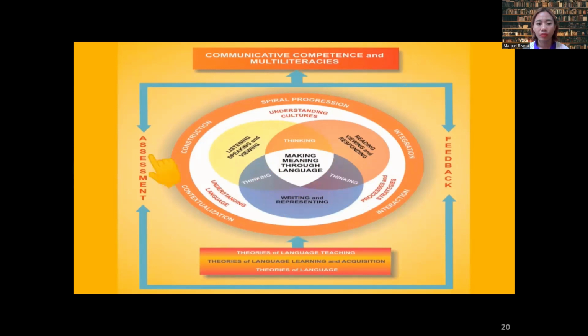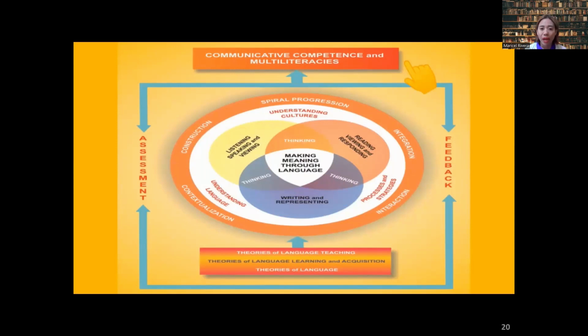The purpose of assessment is to measure the effectiveness of the curriculum's safeguarding components and applications. It gives the essential feedback to establish whether or not the learner's communication abilities and multiliteracies have been fully developed. As a result, the primary objectives are satisfied.